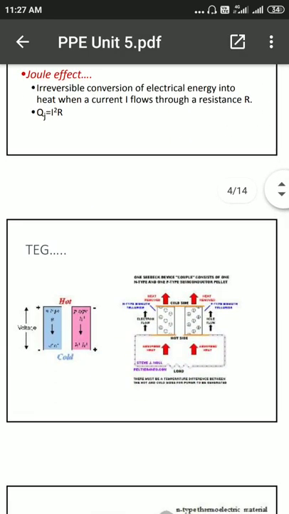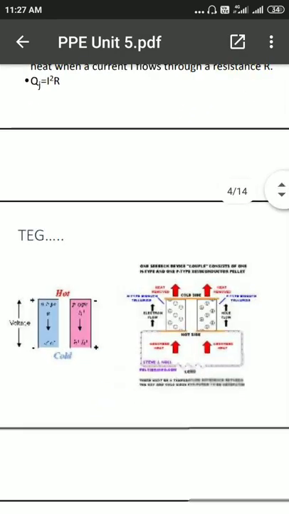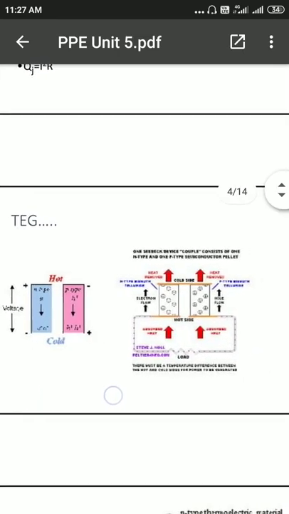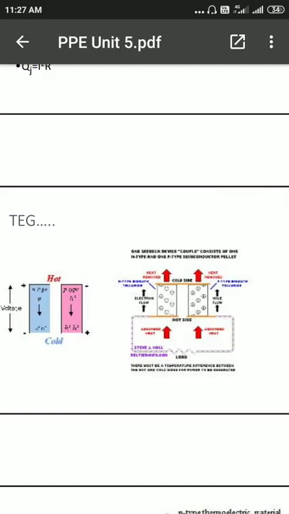These are the two materials we utilize in a thermoelectric generator, or TEG, with one side the hot side and the other side the cold side. In N type material electrons flow, and in P type material holes flow.